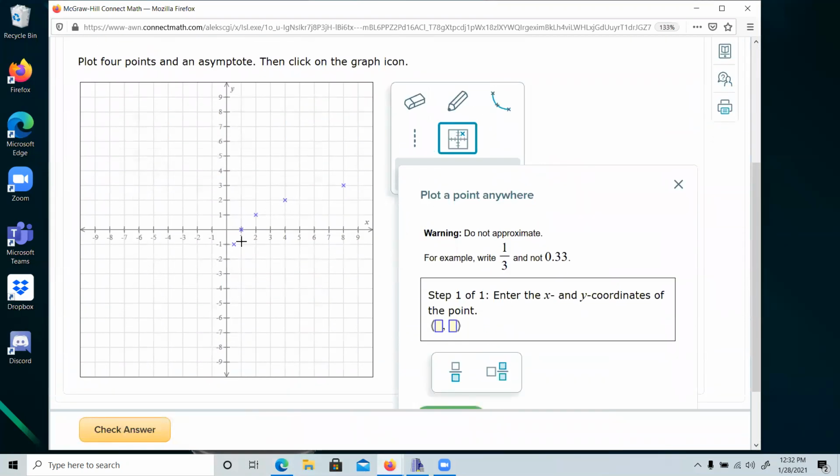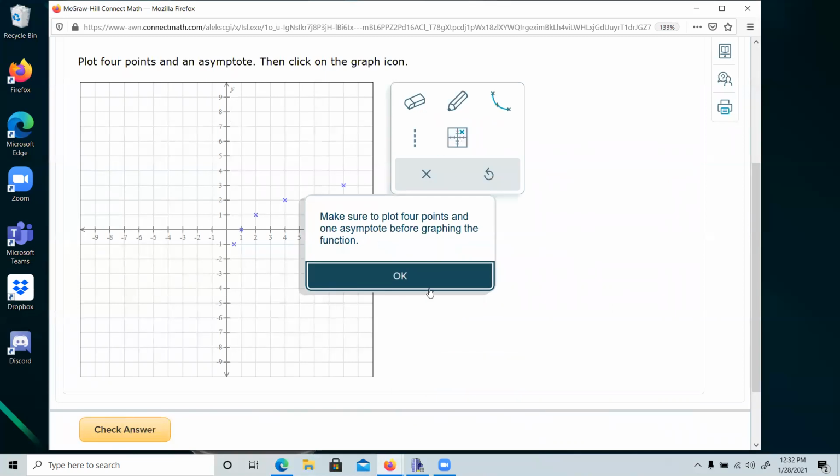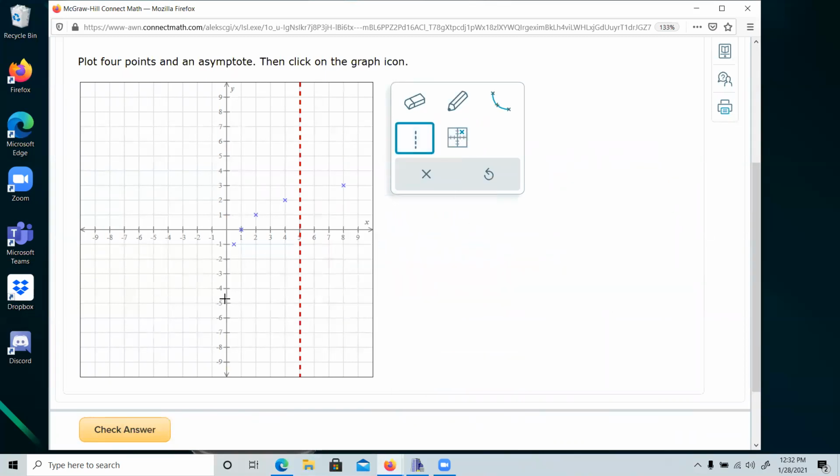Hopefully that gave me what I wanted here. All right. Oops. Asymptote. Okay. And there we go.